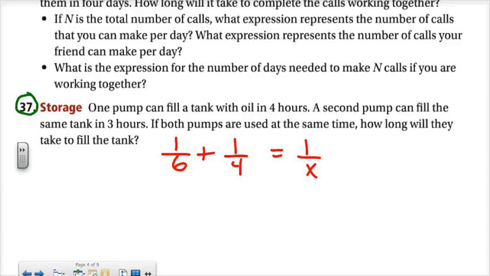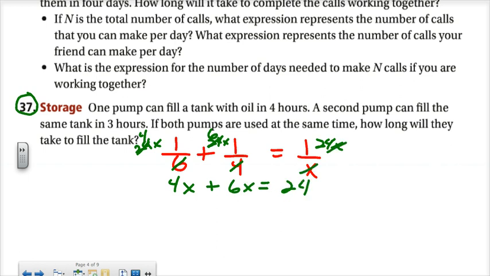So our LCD here would be 24x. And the 6 would do some canceling here, so we would get 4x. The 4 would do some canceling here, so we would get 6x. The x's would cancel out over here, and we would get 24. So 10x equals 24.